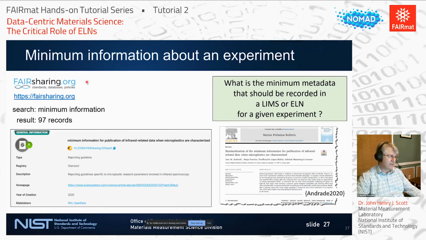You can get some help, for example, from the fairsharing.org website at this URL. If you navigate there and type into their global search minimum information as a two-word key phrase, I got 97 results, and I picked one from the long list: minimum information for publication of infrared-related data when microplastics are characterized.